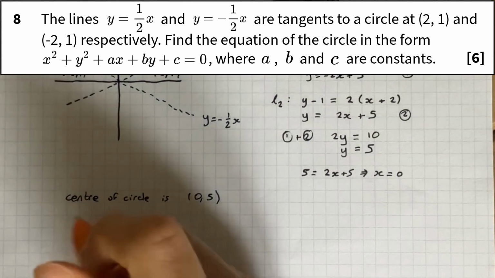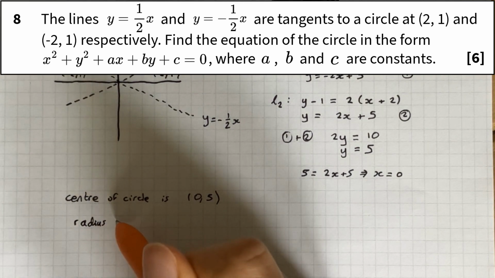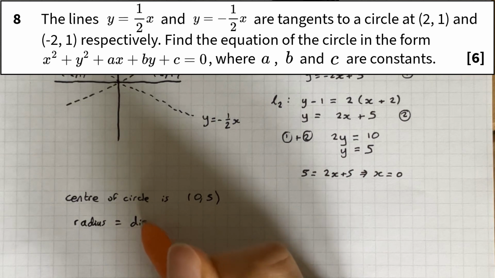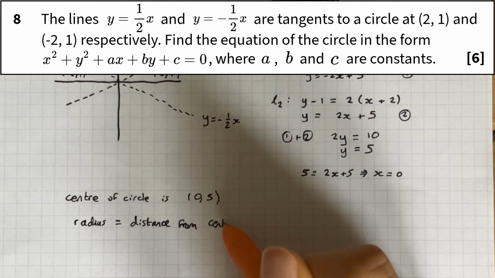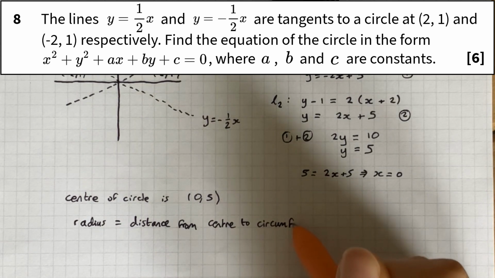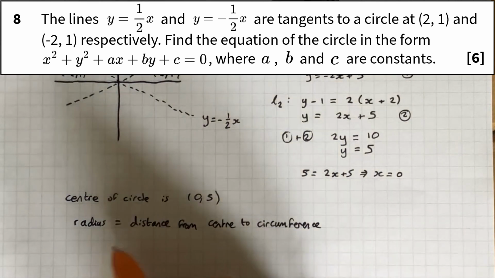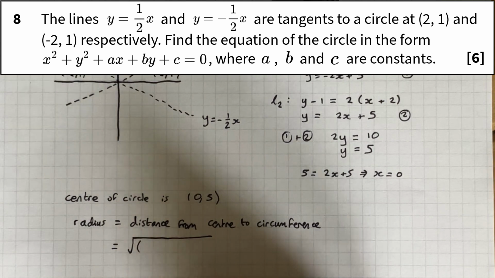So next up, we need to find the radius. The radius is going to be the distance from the center to the circumference. We know that the center is (0, 5), and we've got 2 points on the circumference that we can choose between. I'm going to choose (2, 1) because it's not got any negatives in.